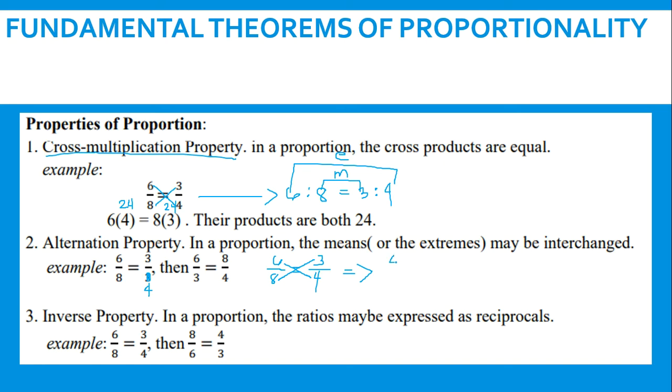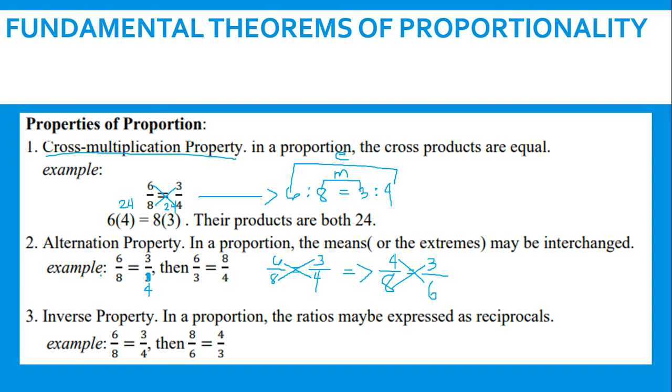So mao nang 4 over 8 then equals 3 over, so ang 6 ibalhin na to dire kay interchange man natong extremes. So that is 6. See, if you're going to multiply that one, ang ilang products are still 24, but it is in the alternation property of the proportion.